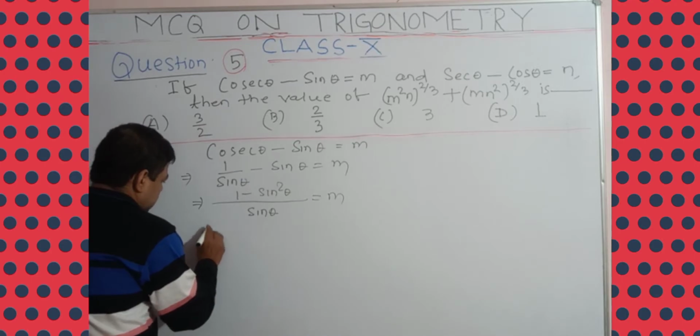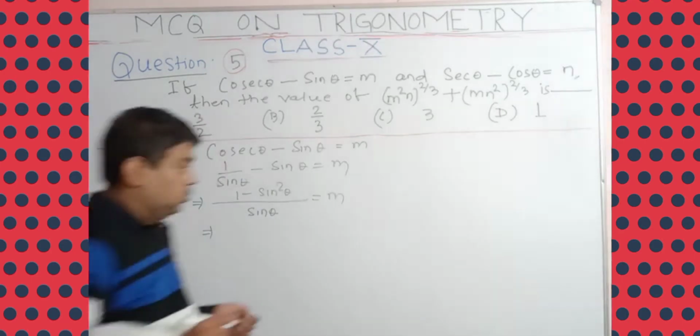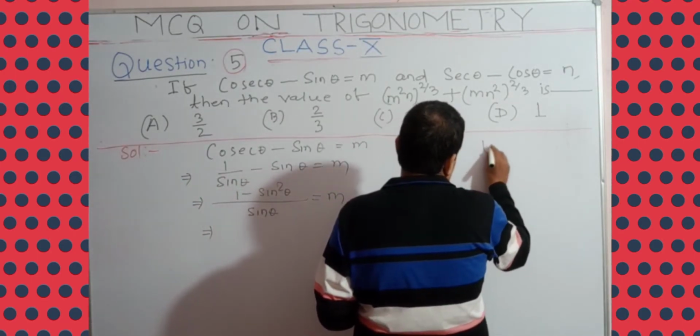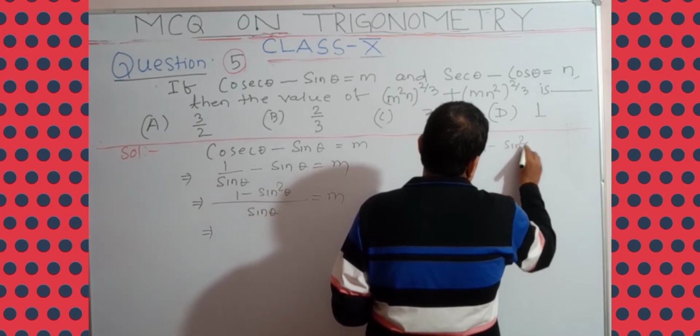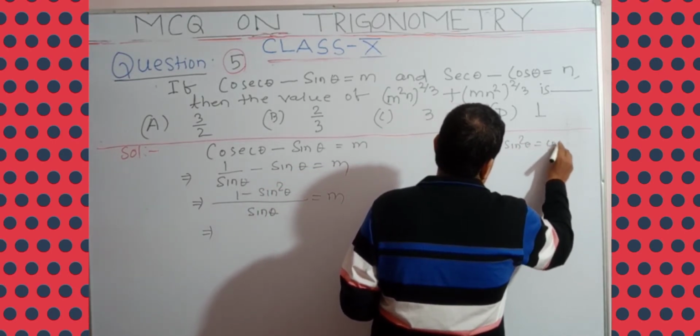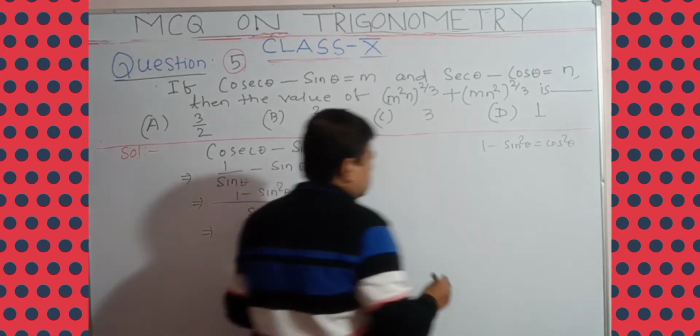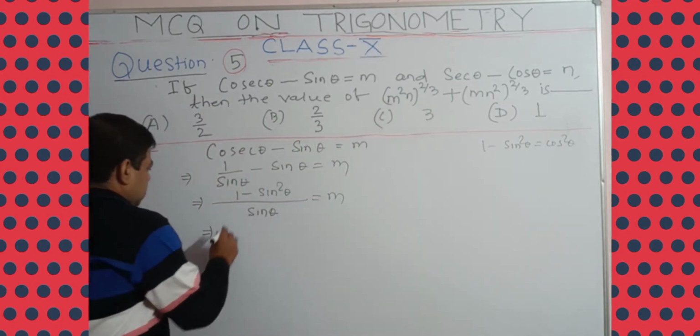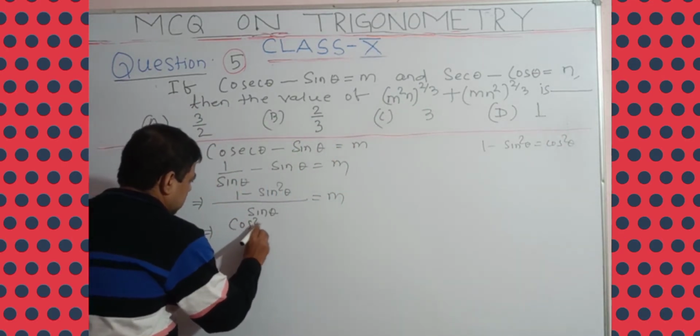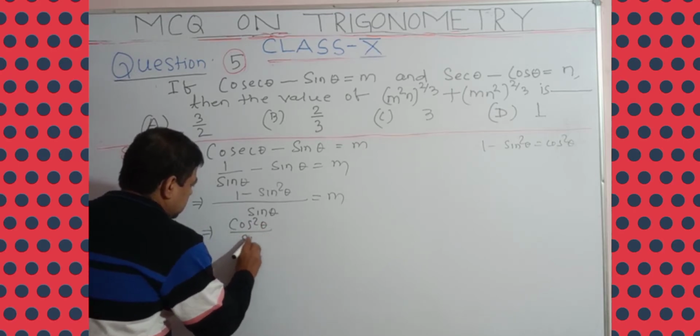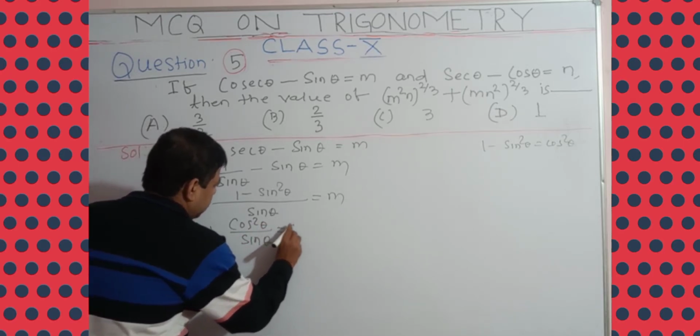So what is the formula for 1 minus sin square theta? 1 minus sin square theta is equal to cos square theta. Yes or no? Okay. So cos square theta by sin theta is equal to m.